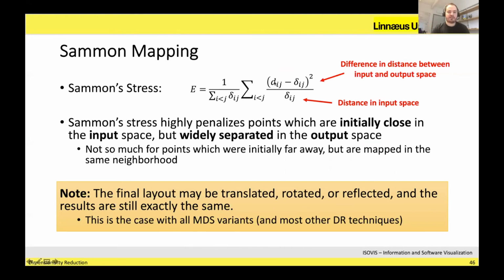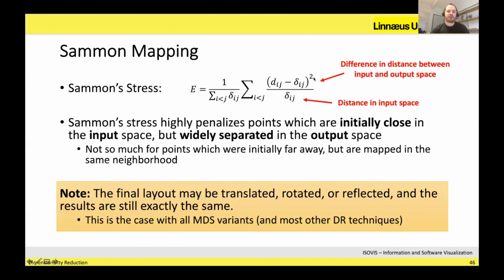So the cost here is basically the low dimensional distance minus the high dimensional distance. This is the error, right? Because you want this difference to be low. That's the goal of the optimization. You want the difference between these distances to be low.